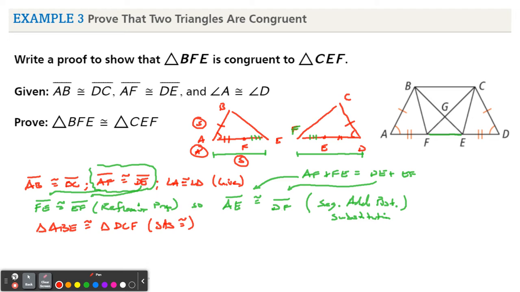Now I'm going to take apart the two triangles I want to prove congruent. I'll put triangle BFE right there, and triangle CEF right there. We already said that FE and EF are congruent, so we have this pair of sides.